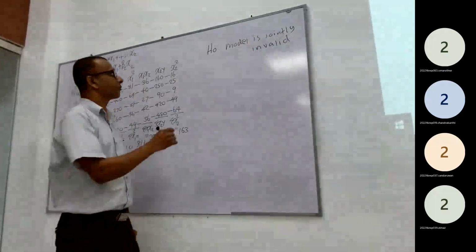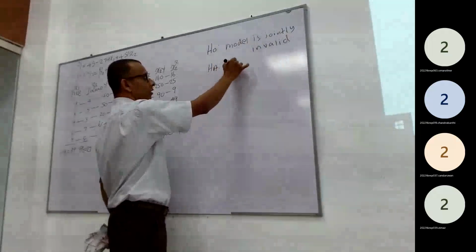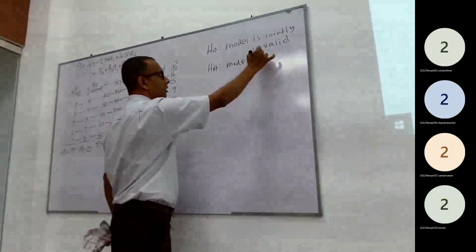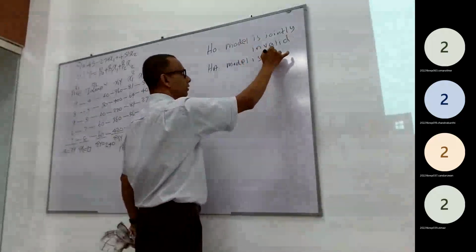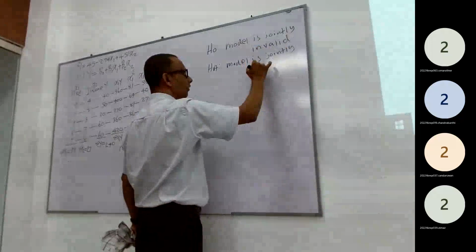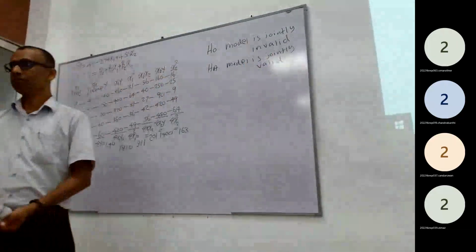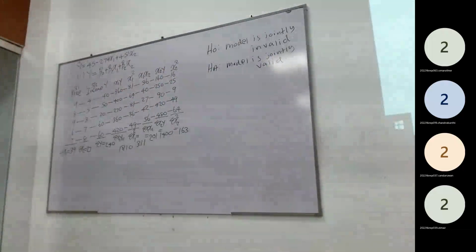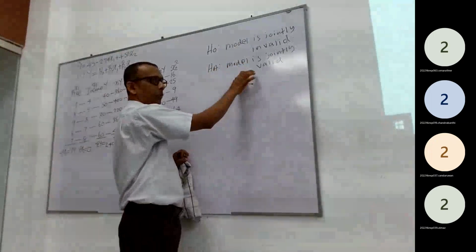All the terms we learned. Alternative hypothesis: the model is jointly significant, jointly valid, appropriate. Otherwise, here the model is not appropriate, here the model is appropriate.